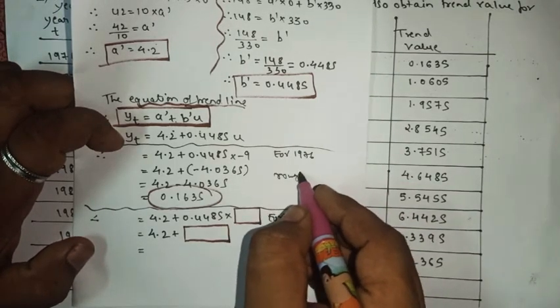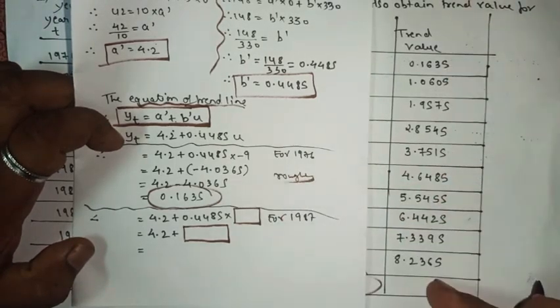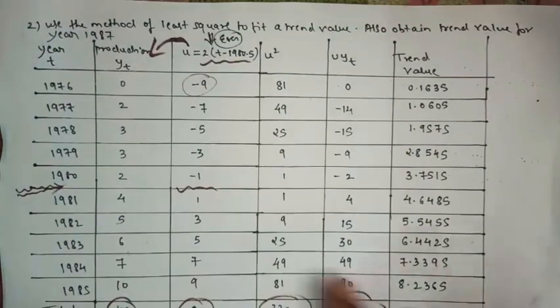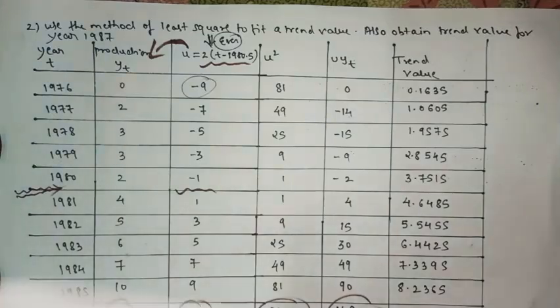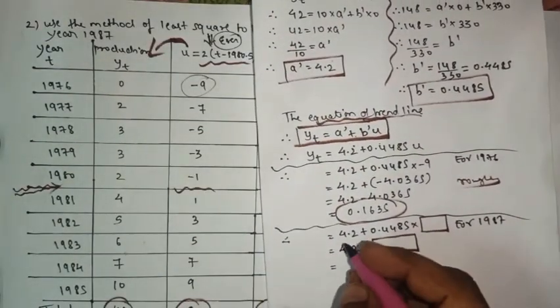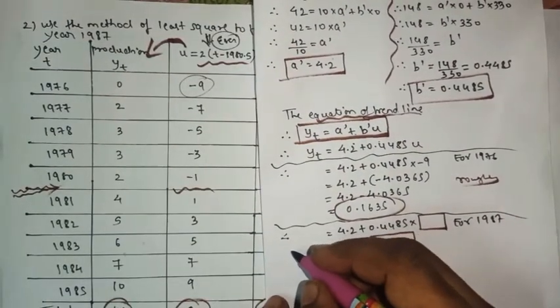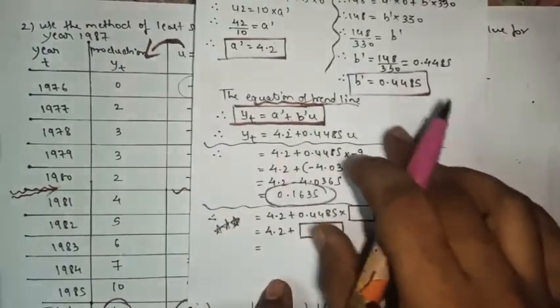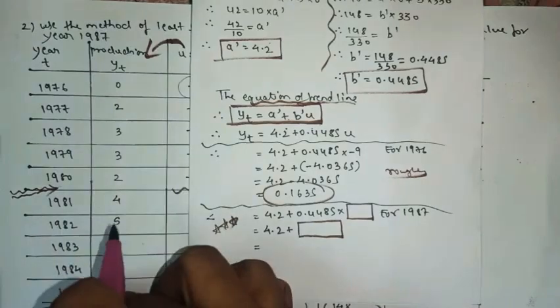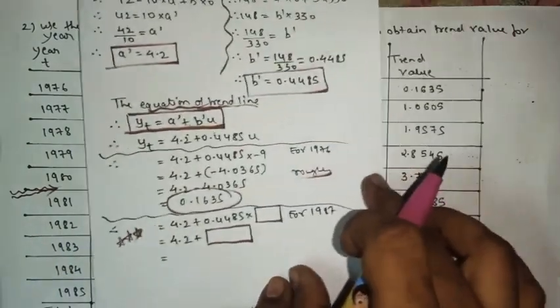roughly. Okay, find the answer, but for the main part, as we have to find the trend value for the year 1987, that part you will show in the exam. For 1976 to 85, roughly you can solve.